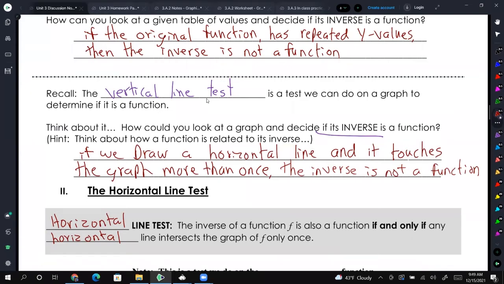So if we draw a horizontal line and that line touches the graph more than once, that tells us the inverse is not a function.